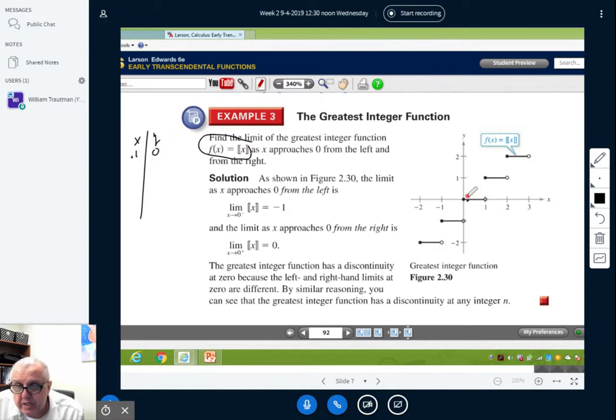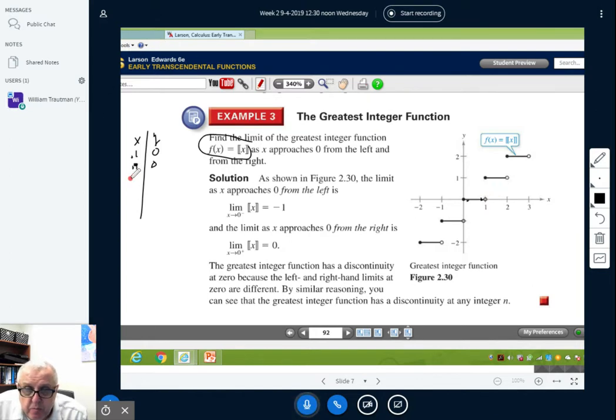Do you see? We're going to keep it at 0, the greatest integer function. So if you look at it, the greatest integer that happened before 0.1 was 0. If I do 0.9, the greatest integer before 0.9 was 0. Do you see? When x value is 0.9, my y value is still 0.